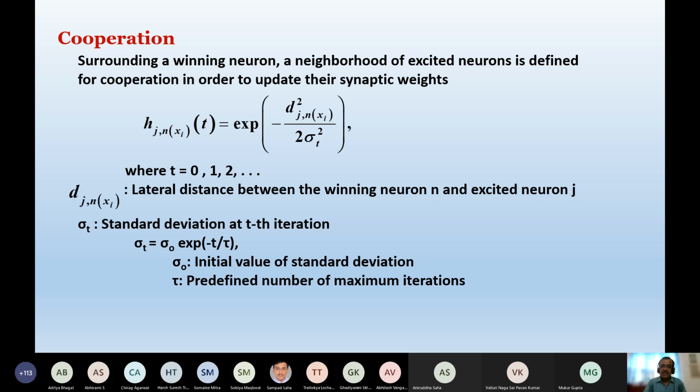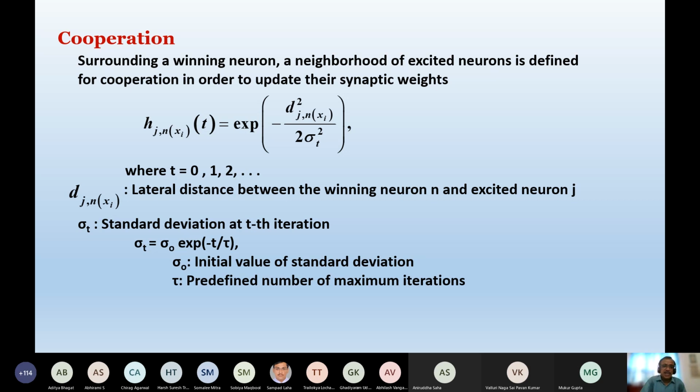Sigma t is nothing but sigma naught times exponential of minus t divided by tau. What is tau? Tau is a predefined maximum number of iterations. What is sigma naught? That is the initial value of the standard deviation, proposed by the user.